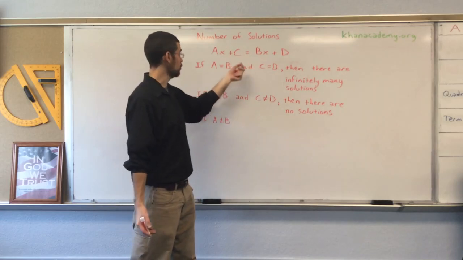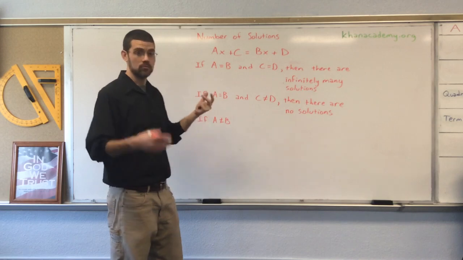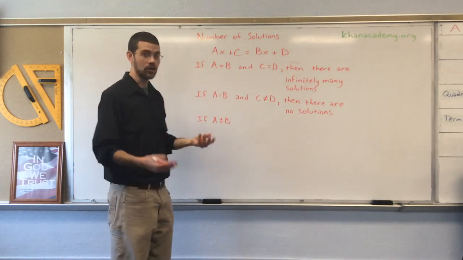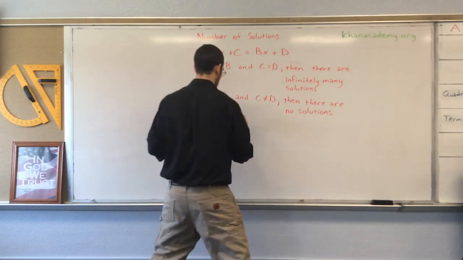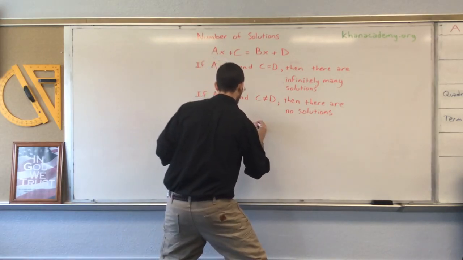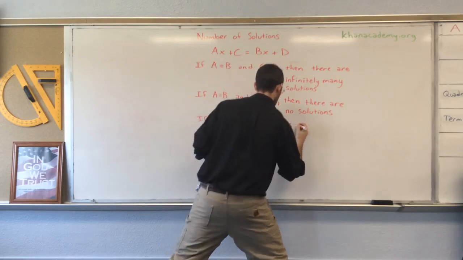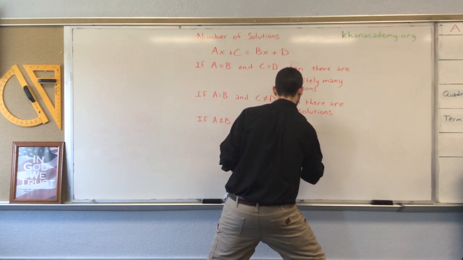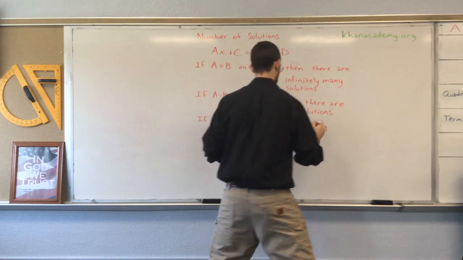That would be equal to the number of x's that are left. So you could solve for x, and in other words, there would be one solution for x. Exactly one, only one solution.